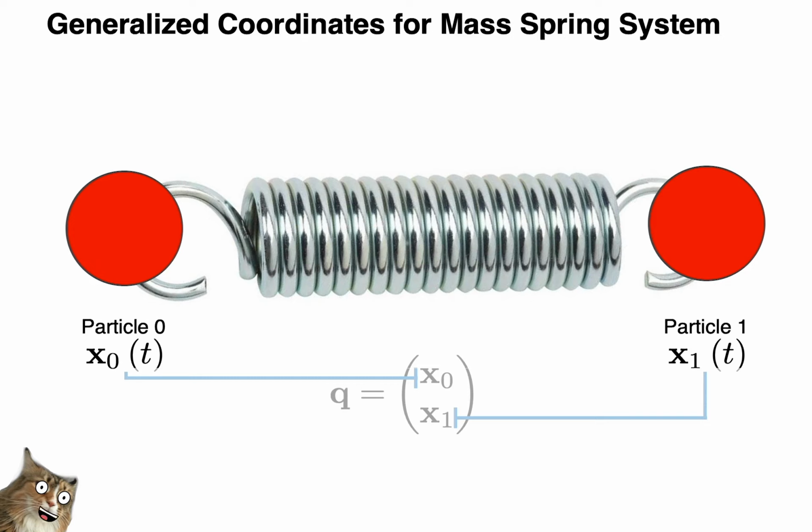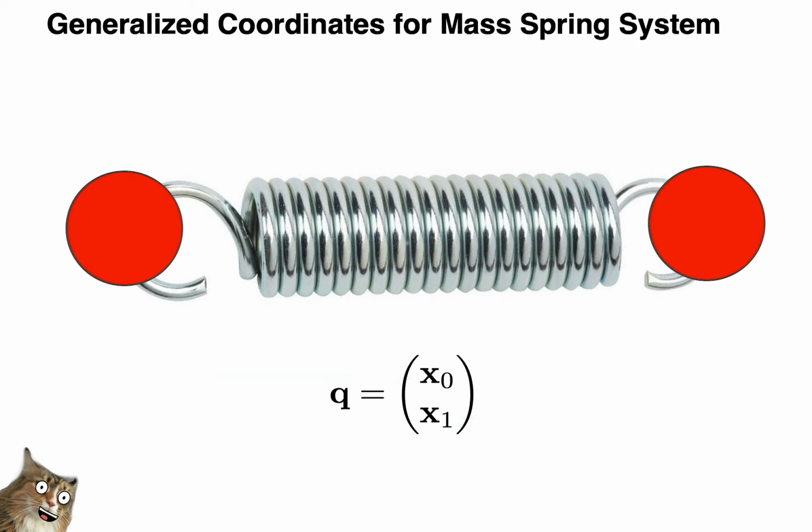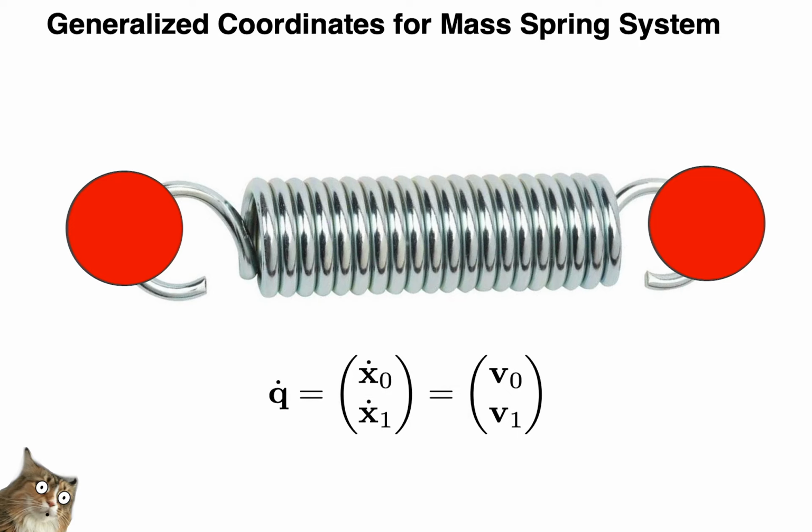So we choose both endpoints as the generalized coordinates and stack them into a single 6-dimensional vector Q. We will also need the generalized velocity of the system, which we get by taking the time derivative of the generalized coordinate. And from this, we can see that the generalized velocity is just the stacked 6-dimensional vector of particle velocities.